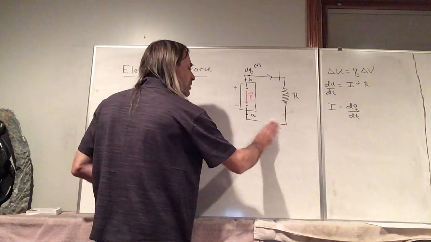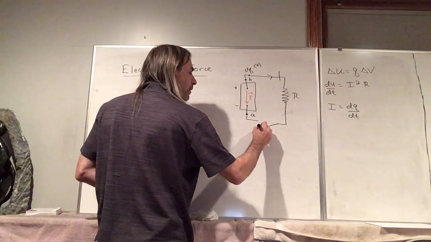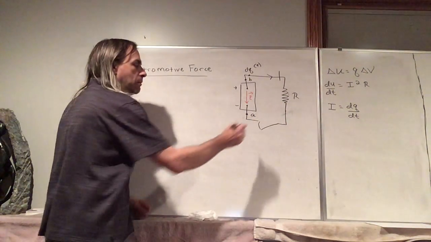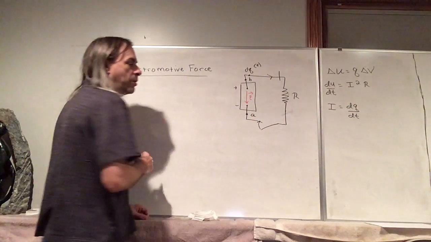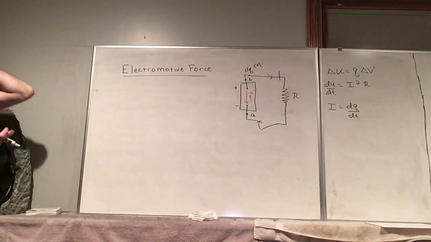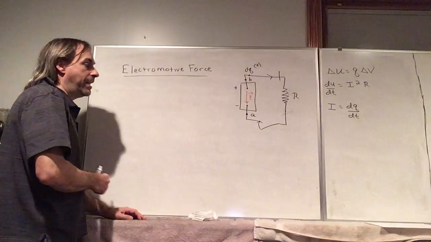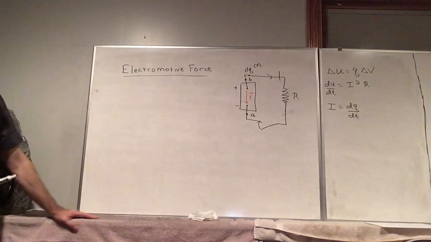Let's say we have a switch here, and then we flip the switch, closing the circuit. If the switch is open, nothing is happening. Current can't flow. It has to be able to complete a loop in order to have a current.